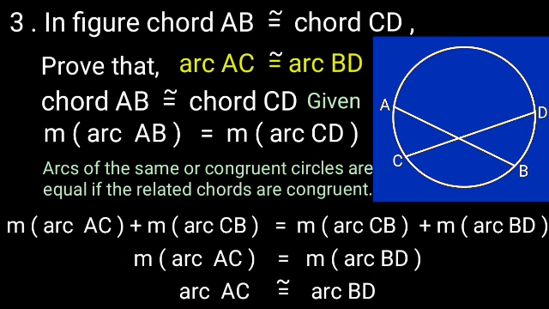If two arcs are equal, they are congruent. Hence, arc AC is congruent to arc BD.